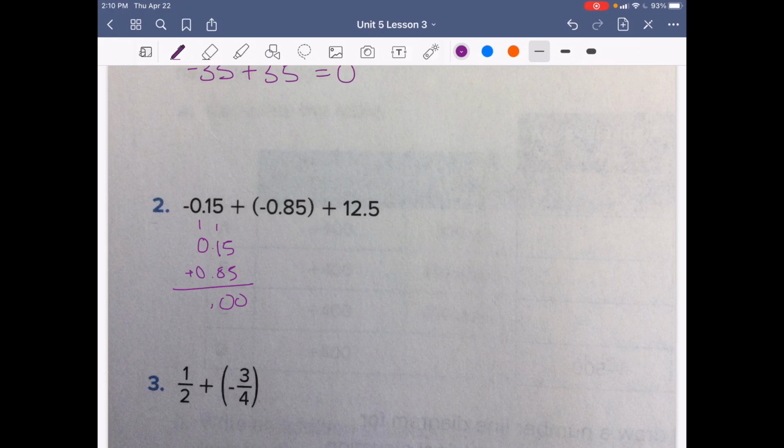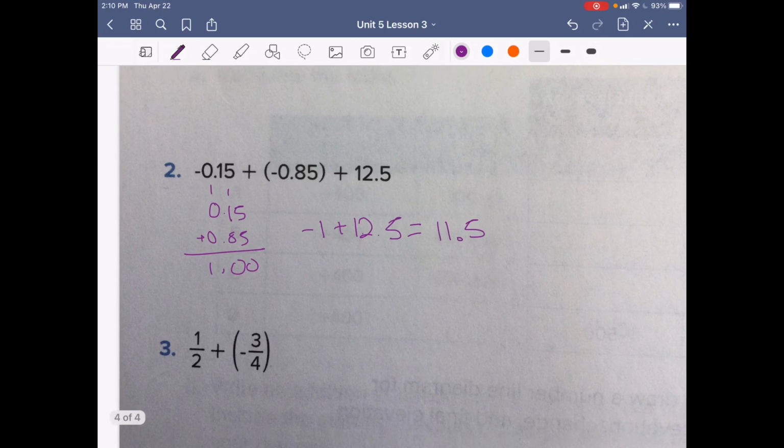Carry the 1. That's going to give us a whole negative. So we have negative 1 plus 12.5. This is going to be the larger number, so what's 12.5 minus 1? 11.5.